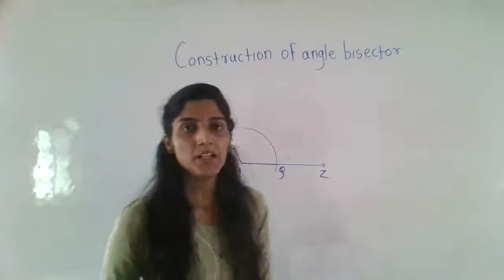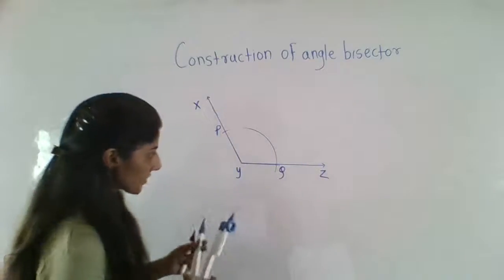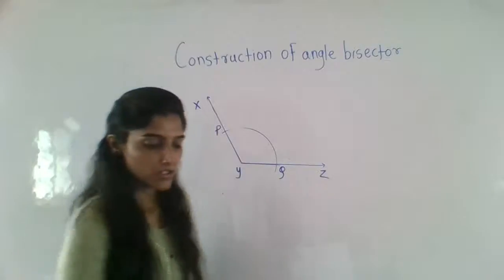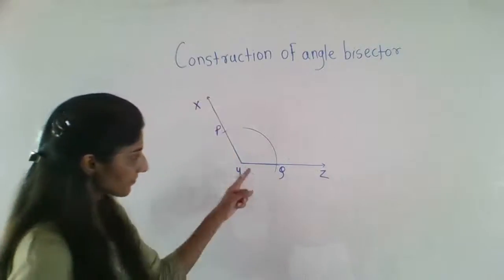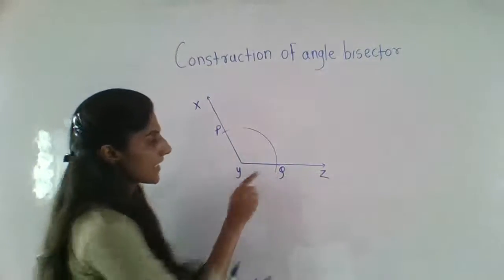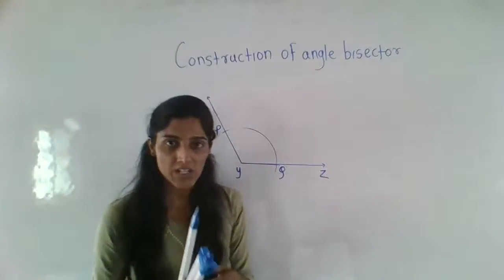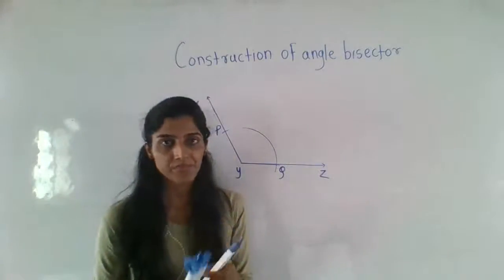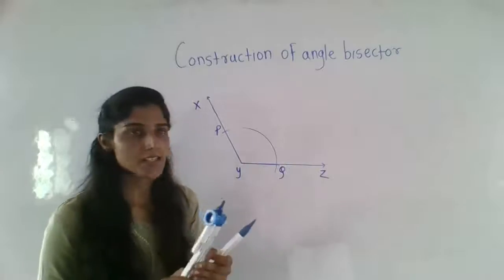What is our next step? In the next step, keep the point of the compass on the points of intersection of rays and arc. Here the arc intersects at the point Q. Now you can change the distance which you have taken before or take it as it is.